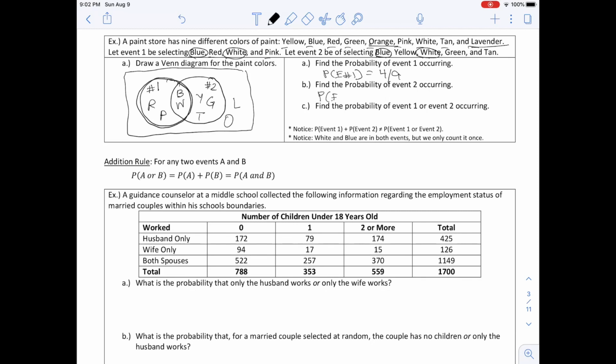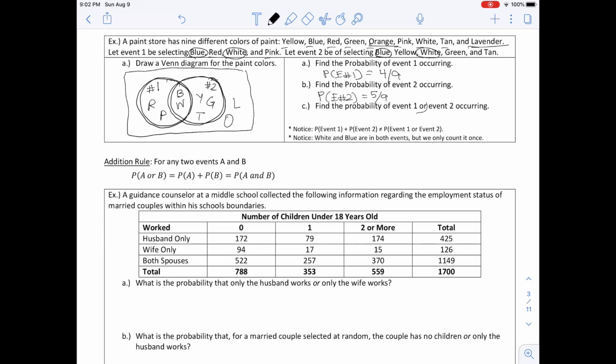The next one says find the probability of event number 2 occurring. And likewise, we're going to do the same thing. If you look at event 2, there's 5 different colors. You can look at your Venn diagram or up there in the word problem. And there's 5 out of a total of 9. Both of these fractions we cannot simplify, but if you can, definitely go ahead and simplify.